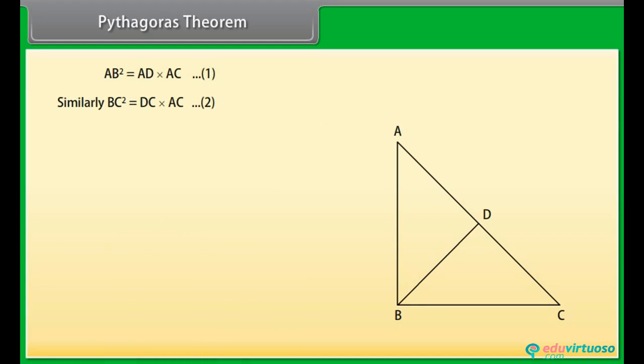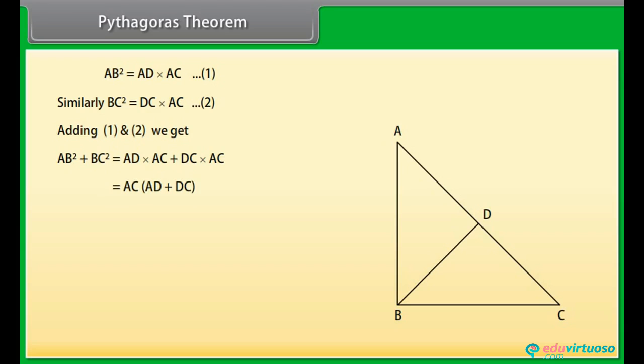Similarly, BC square equals DC into AC, mark it as 2. By adding 1 and 2 we get AB square plus BC square equals AD into AC plus DC into AC, which equals AC into AD plus DC, AC into AC, AC square. Therefore, AB square plus BC square equals AC square. Hence proved.